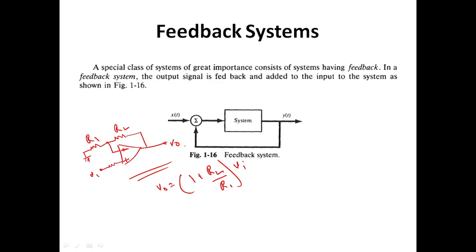The output is taken into consideration to calculate the output itself. So this is the feedback loop. From the output you are taking some information and putting it back into the system to compute the output itself. Those systems are regarded as feedback systems.